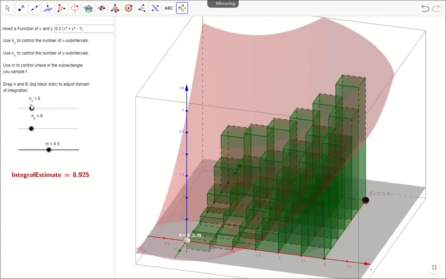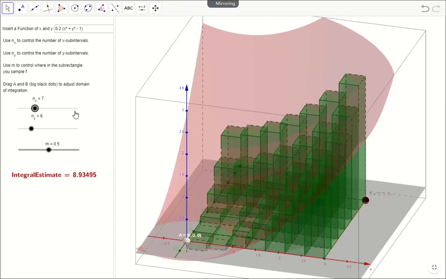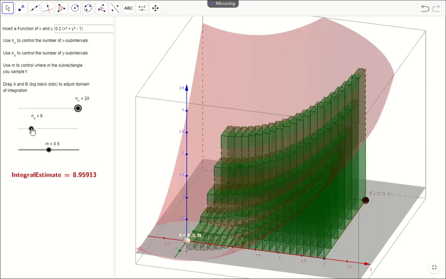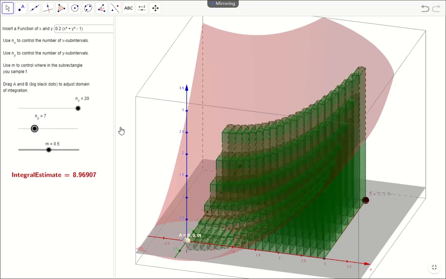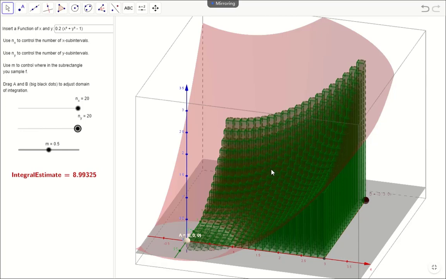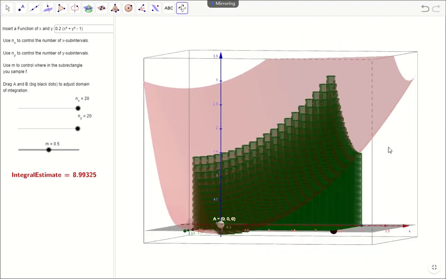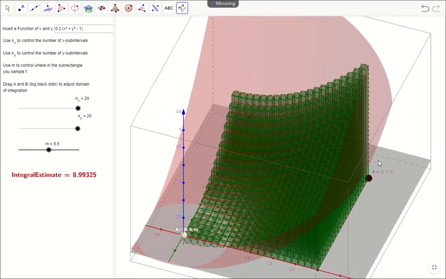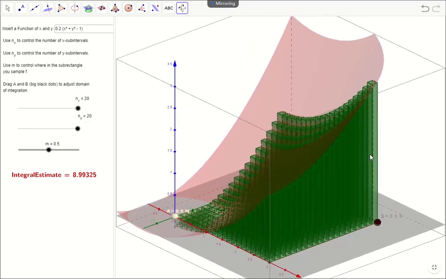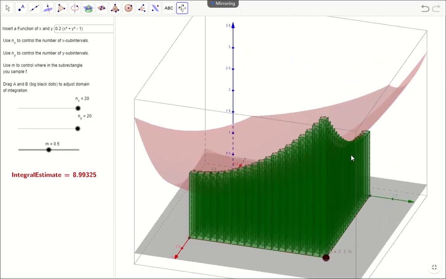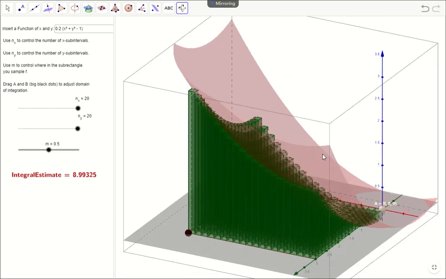If I actually really want to find the volume of this, I would take the limit as the number of those square prisms goes to infinity, and the width of the square prism in both the x direction and the y direction goes to 0. And whenever I do that, these square prisms are going to be more and more closely hugging the surface.